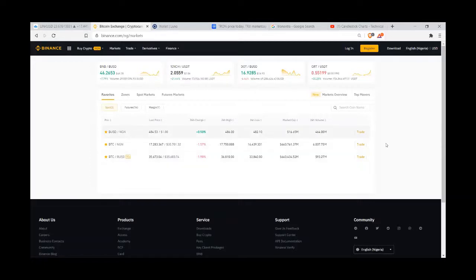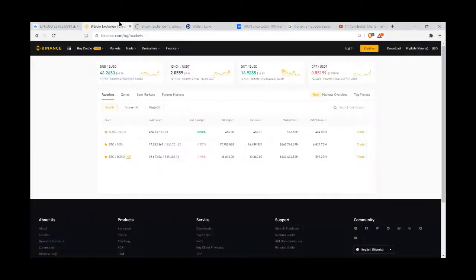Okay, so let's now go to trade. Let me click on trade. On the mobile app, I don't know how it looks. I click on trade, and it's taking time to load. So if you're on mobile, you can go to markets.